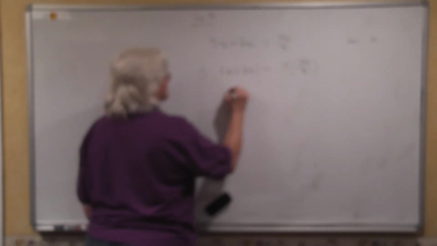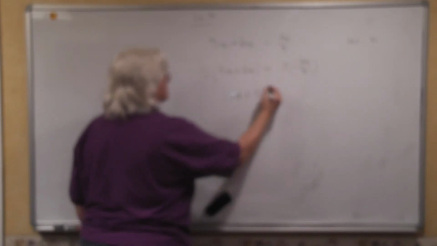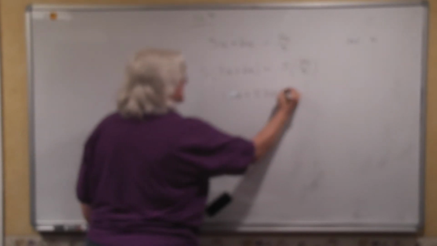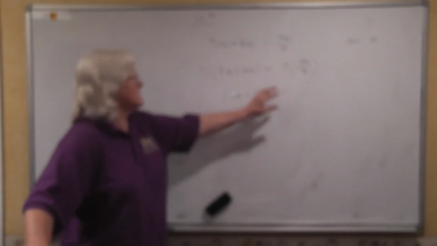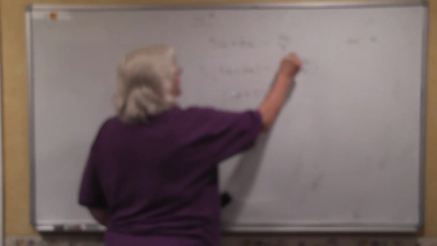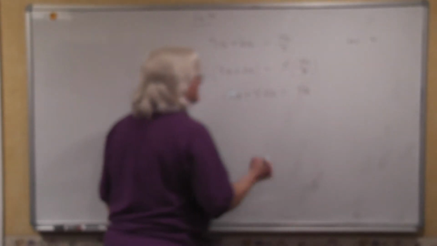So we have 15a plus 5bx is equal to, we've canceled our 5's, is equal to 4x.